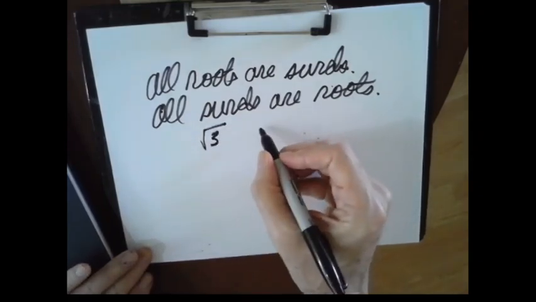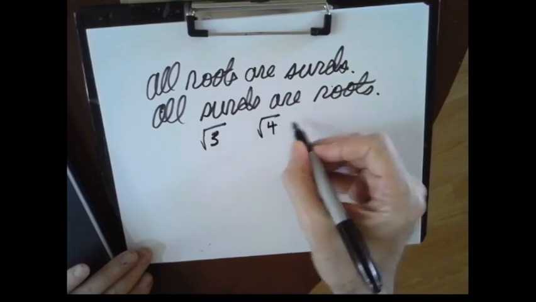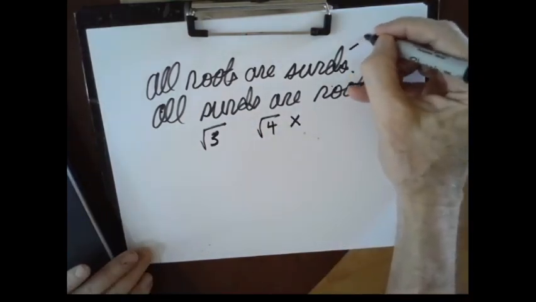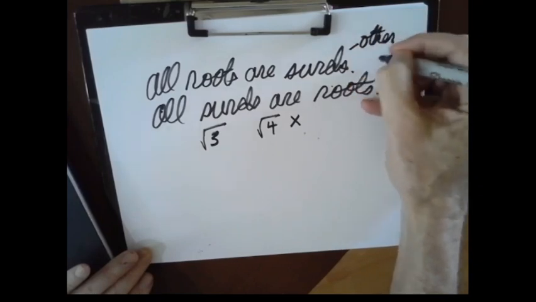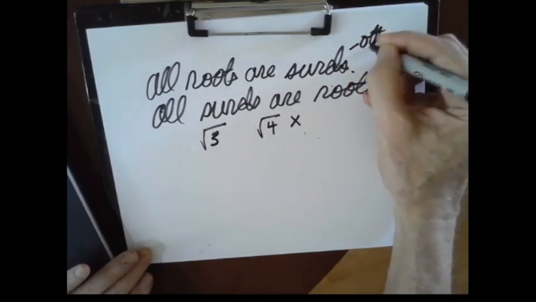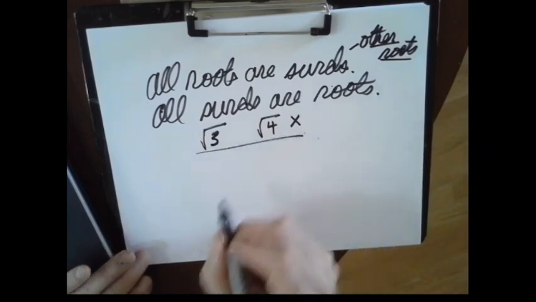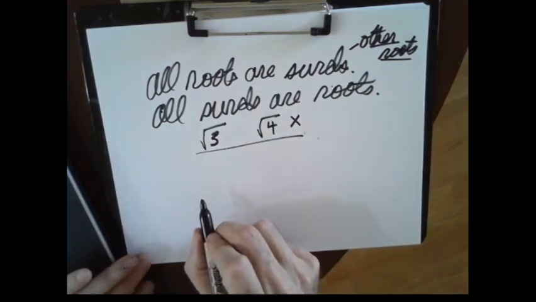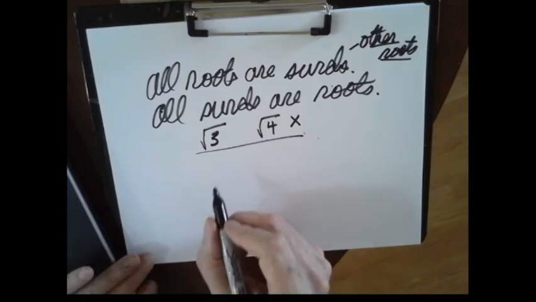Square root of 3, yes; square root of 4 is not a surd. Other roots are possible, but generally all surds will be roots. How could you show that?